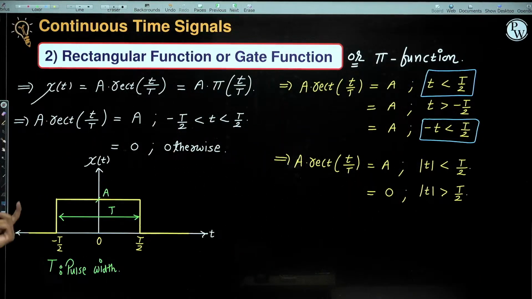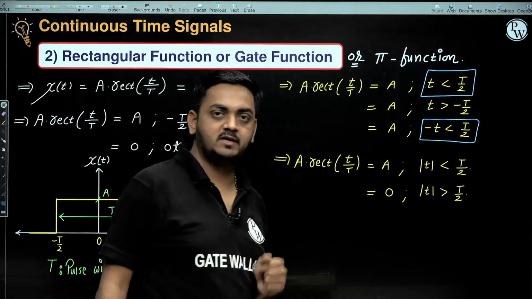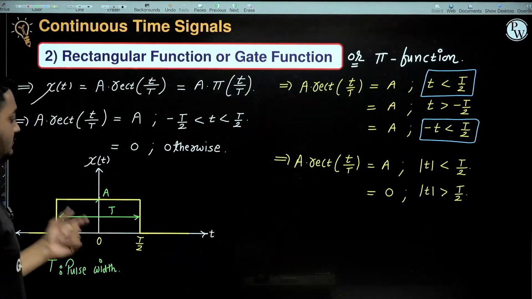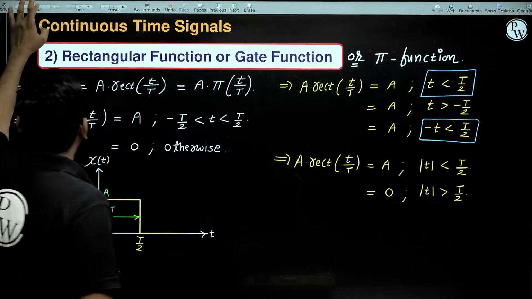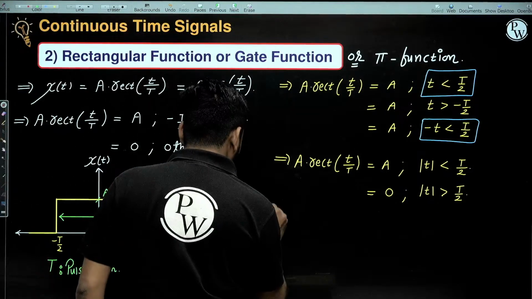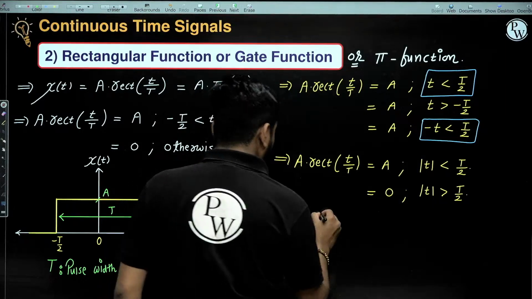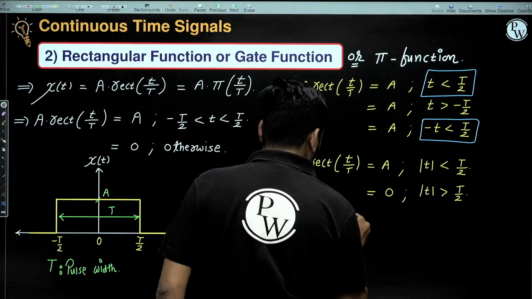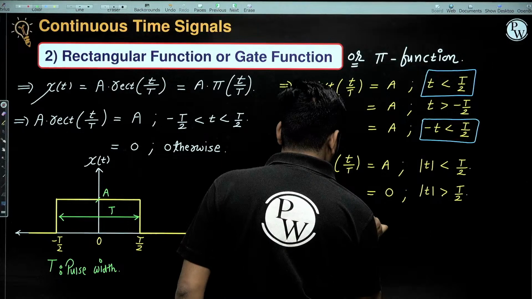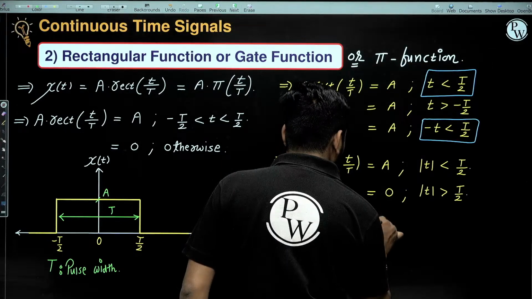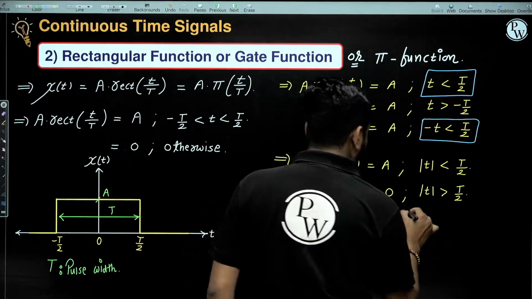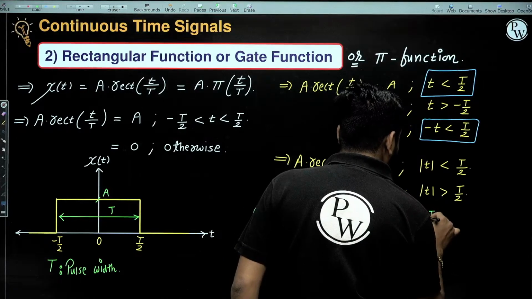Now you can write this signal in terms of step functions also, guys: both right sided, both left sided, or one right sided and one left sided. First, both right sided: x of t is equal to A times u of t plus T by 2 minus u of t minus T by 2.